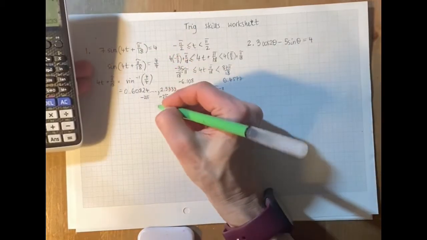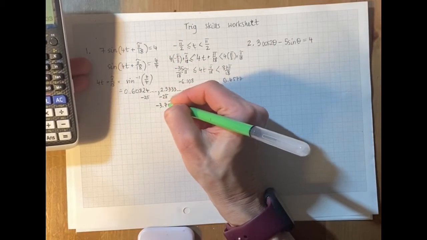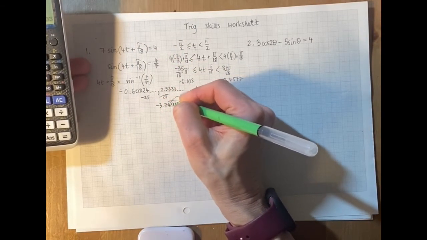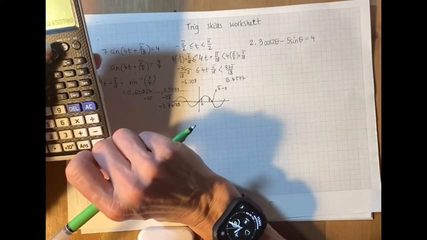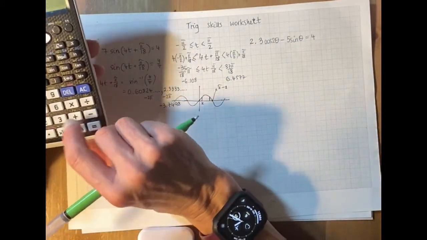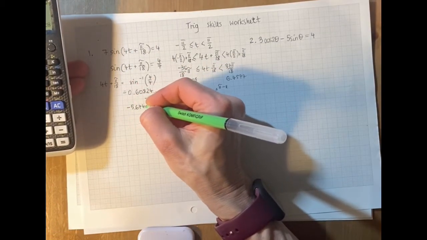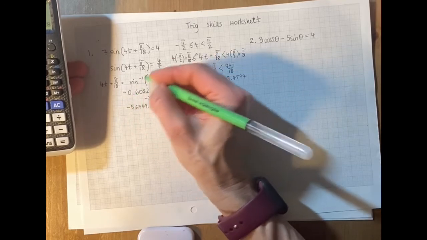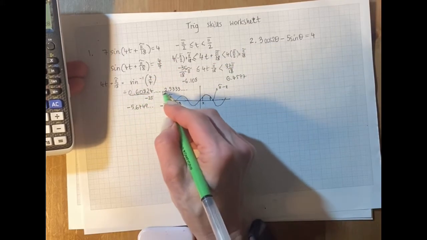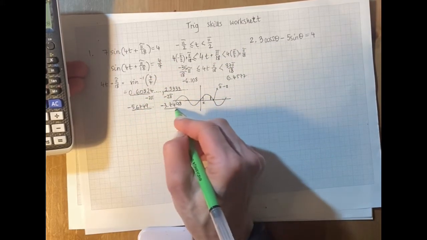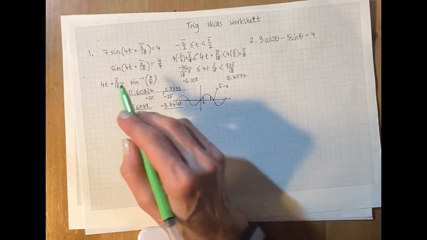That gives me minus 3.7498, and for the other one, I go back to this one, minus 2 pi, that gives me minus 5.6749.